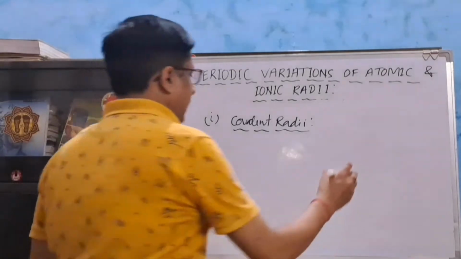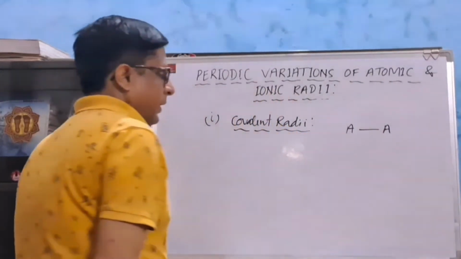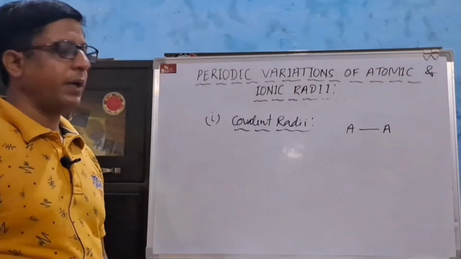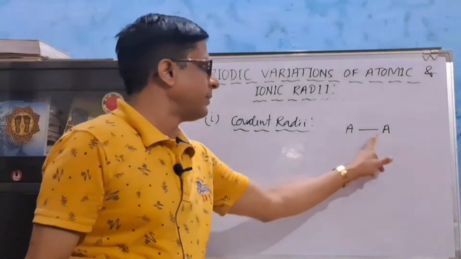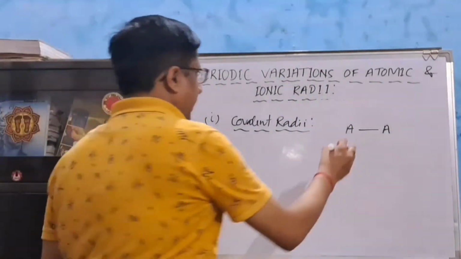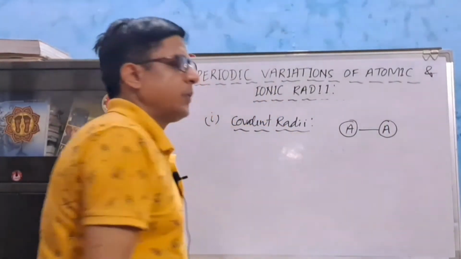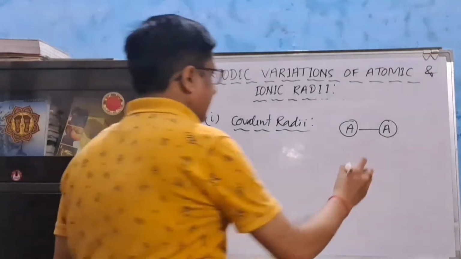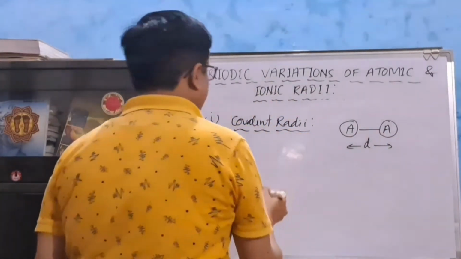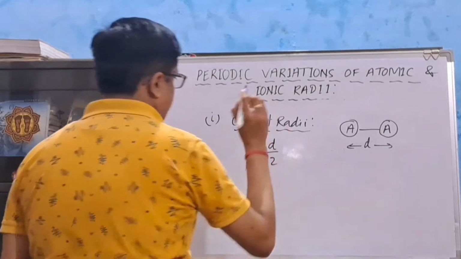For example, if we take a diatomic homonuclear molecule in which two like atoms A and A are bonded together by a single covalent bond, and the distance between the nuclei of the two bonded atoms is d, then covalent radii is equal to d by 2.